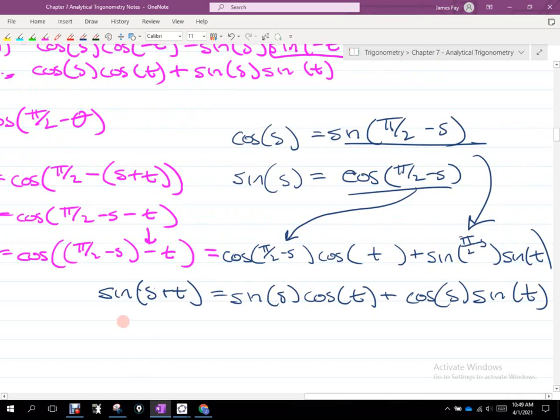Now, if I wanted the difference rule for sine, I do this. Substitute that negative T in for cosine of T in that first product, and sine of negative T in that second product. Use my even-odd properties, and out spits sine of S cosine of T minus cosine of S sine of T. And that's how those are generated.